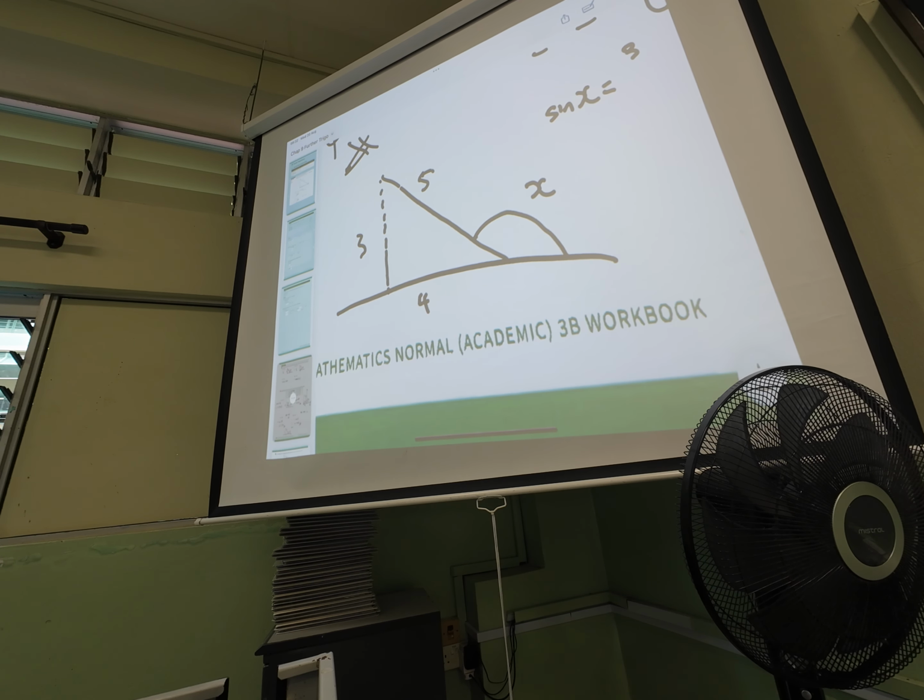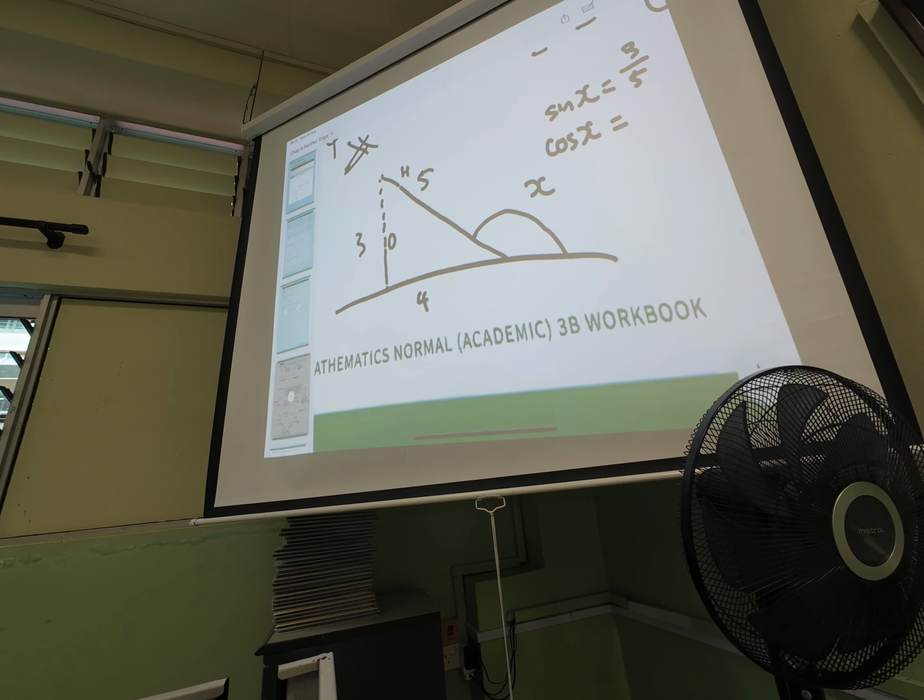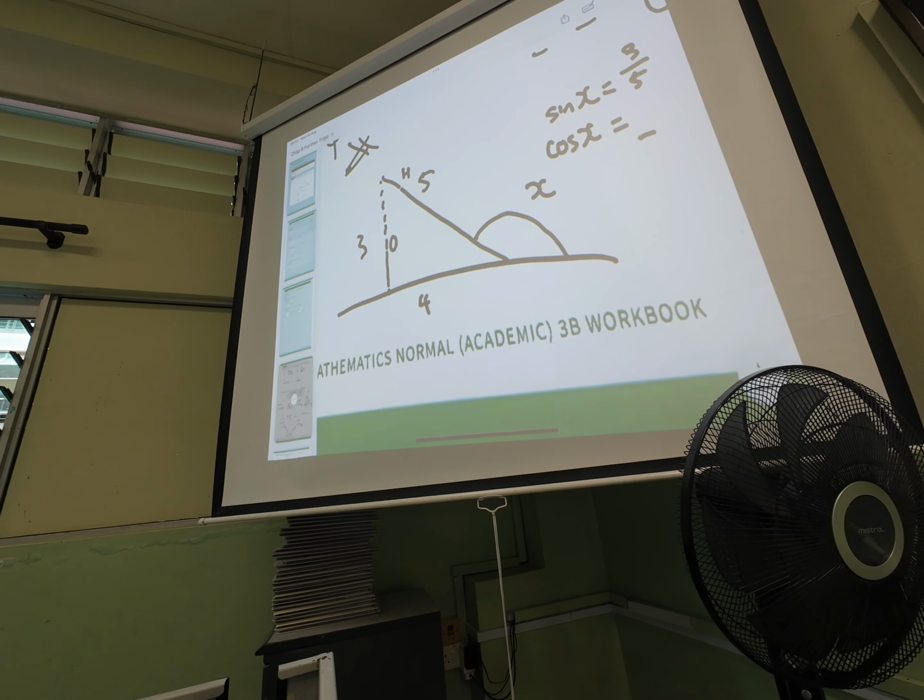It is equal to 3 over 5. Very good. Because it is still my opposite over my hypotenuse. And what is my cosine x? 4 over 5? Negative 4 over 5. Very good.